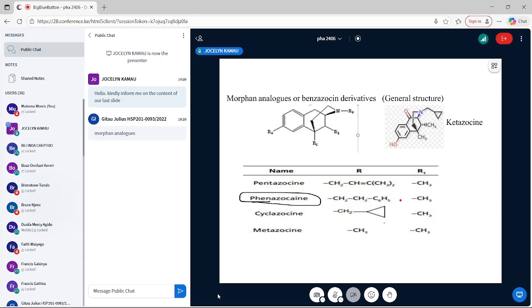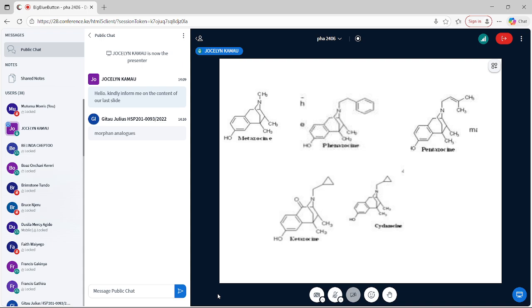Because of that huge group, that compound has the ability to interact with the allosteric site within the opioid receptor, to act as a very, very potent agonist. I think we were able to get to there.